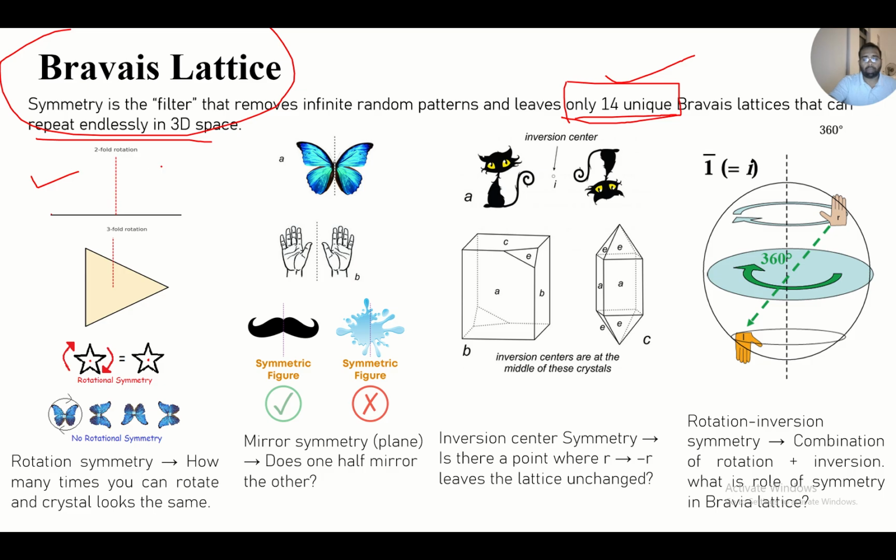So in case of 2 pi by n, if any structure or plane, after every 180 rotation, comes back to its original position or looks always the same after rotation by 180 degrees, then you can call it two-fold rotation.